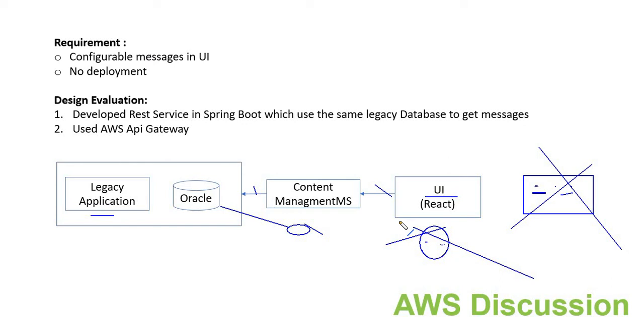Because of that, we can see latency in the UI performance. In the next session, I will discuss what we did as part of AWS, how we improved our performance, and what changes we made in this architecture when we started onboarding all these microservices to AWS.